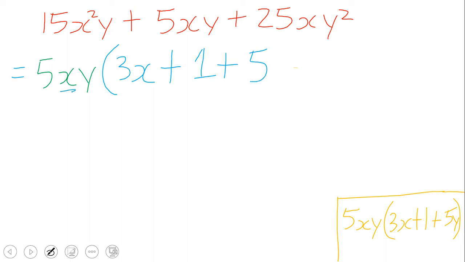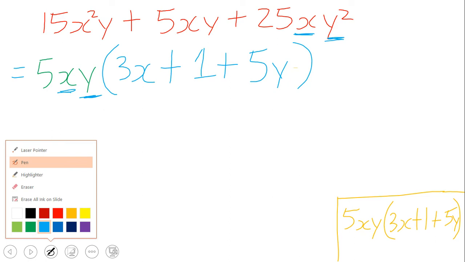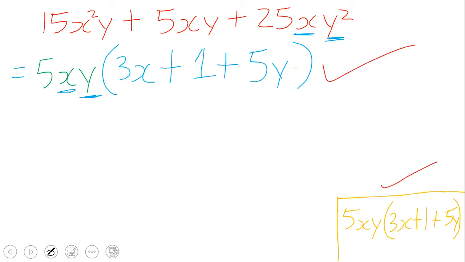We have x here and we have x here, so we don't need to put in any x. We have a y already. The only thing we need is another y because it's y squared. So it's going to be y. All right, and that's our answer. And that means that it's correct, and anyone else who said it was correct.